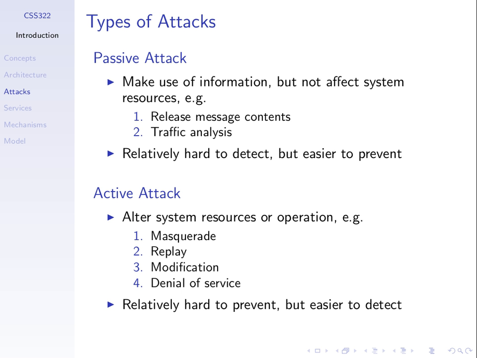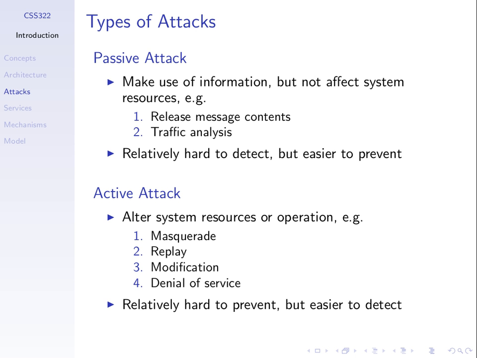We'll go through 6 different attacks. 2 of them are passive attacks, releasing the message contents, traffic analysis, and 4 are active attacks. And once we've gone through those 6, it should be clearer the difference between passive and active. We'll see that the passive attacks are relatively hard to detect. Because the attacker does not modify how the system behaves, it's hard to detect that the attack is taking place.